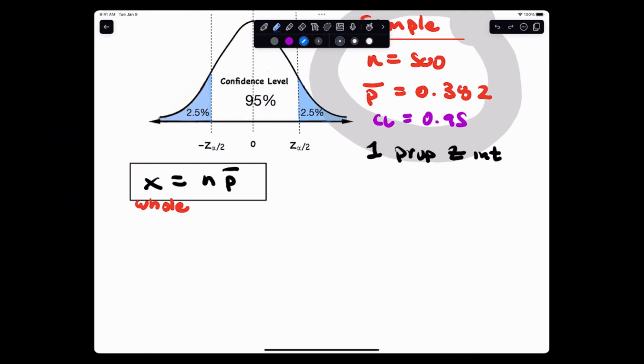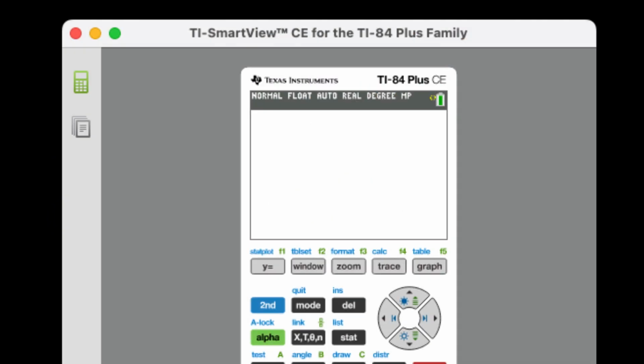500 sample size. What's the sample proportion? 0.382. What is X going to give us here, ladies and gentlemen? 500 times 0.382.